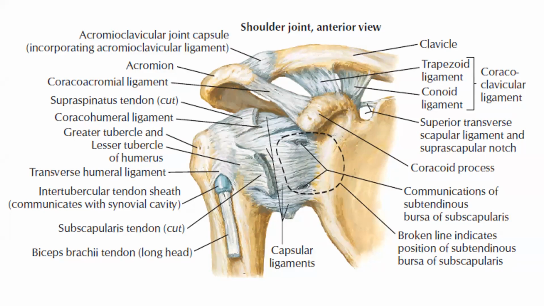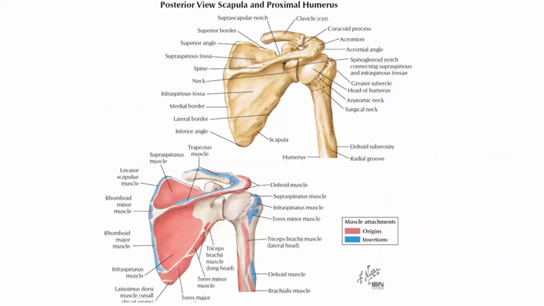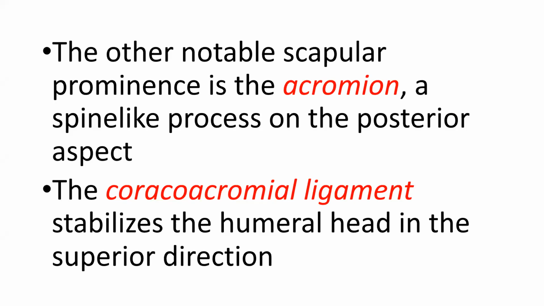Is the trapezoid lateral or is it the conoid? The way I remember it, I say T is lateral, T, trapezoid, while conoid is medial. So remember these anatomic structures.